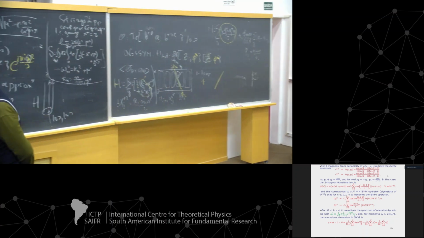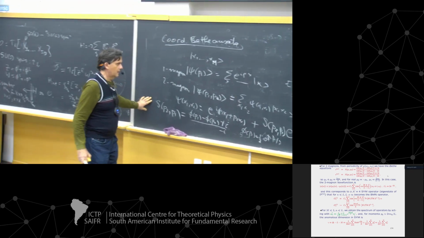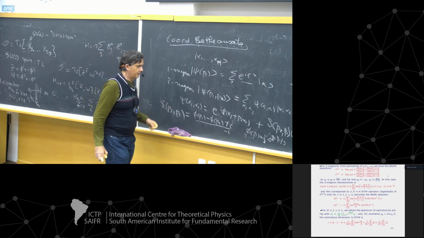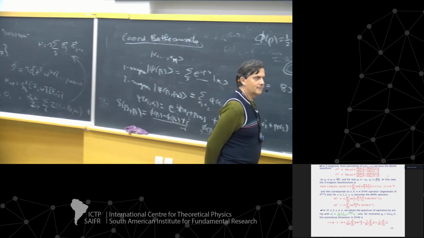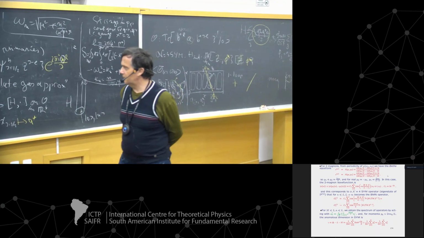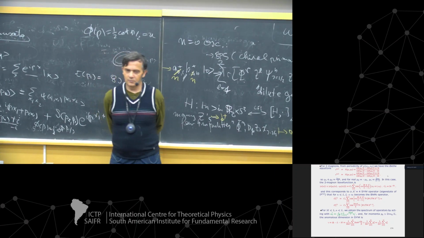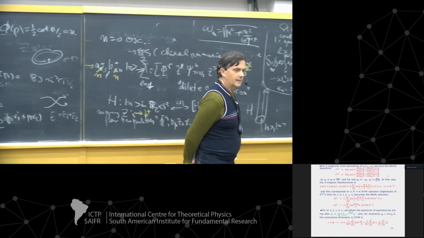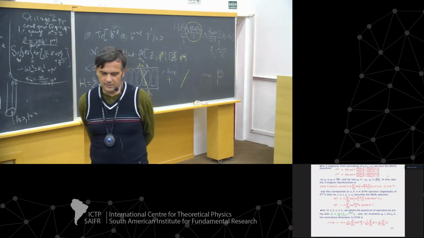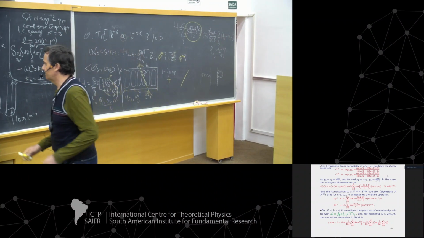So from the Schrödinger equation, you get the sum of the energies and the form of the S matrix. But then you have to think of the periodicity conditions for this two-body wave function. And the periodicity conditions lead to the so-called Bethe equations, or Bethe ansatz equations.